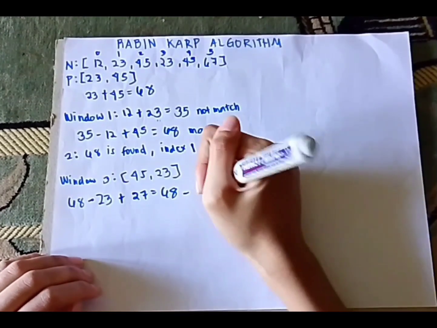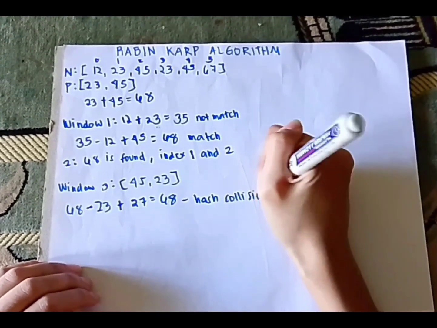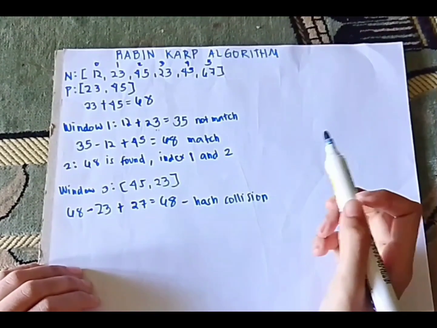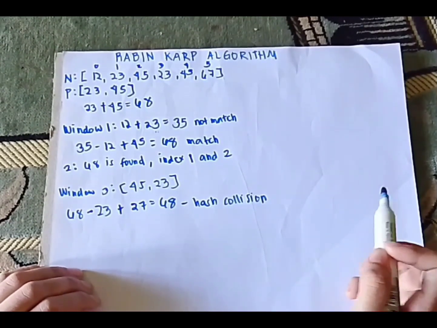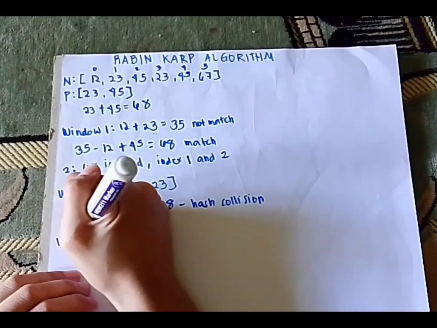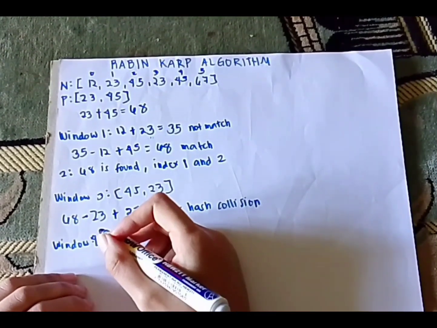So now it says that the 68 is matched with our hash function, so we will call it a hash collision. It has the same result but different patterns. So now we will go to our window 4.